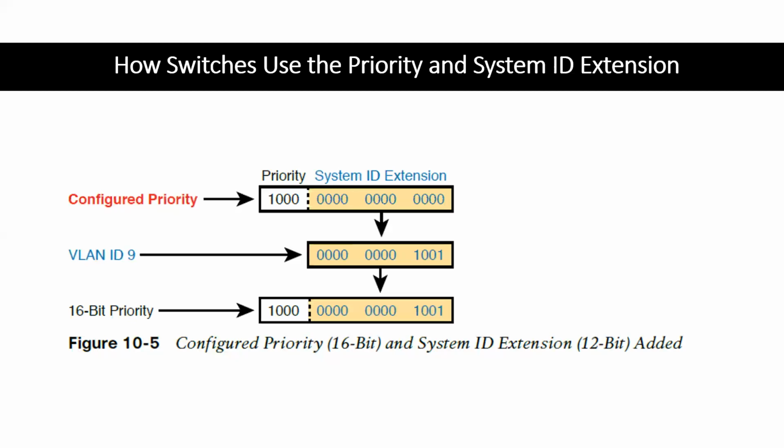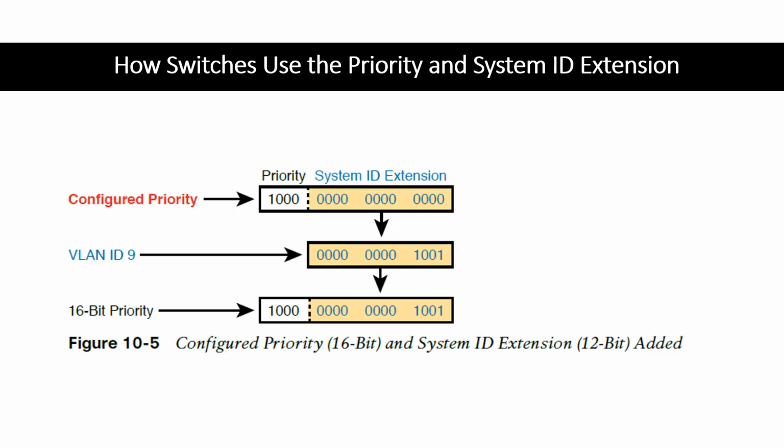So how do switches use the priority and system ID extension? If we take a look at this, we see the configured priority at the top, and the decimal value, we'll say it's 32,768, in 16-bit form.